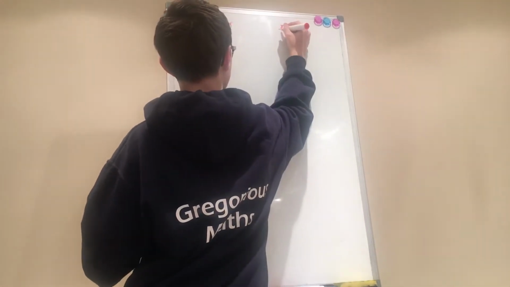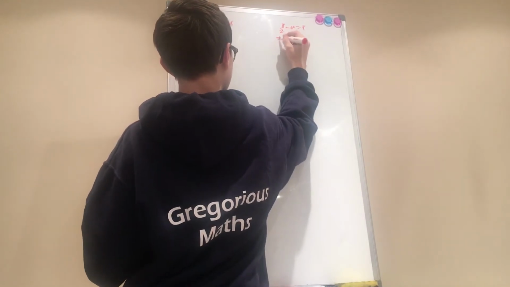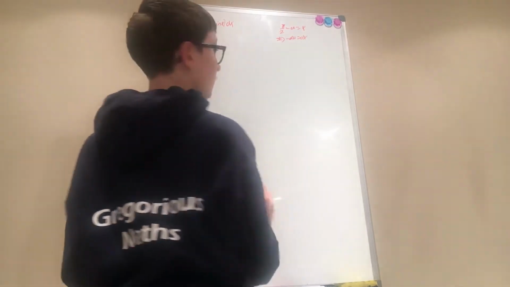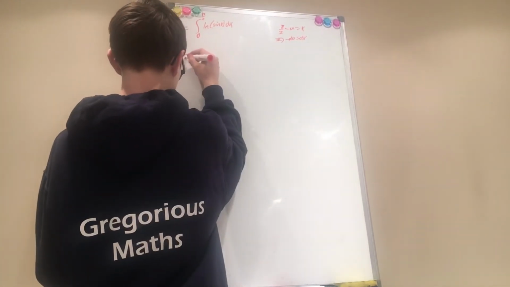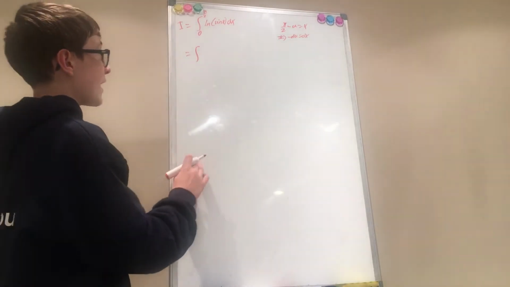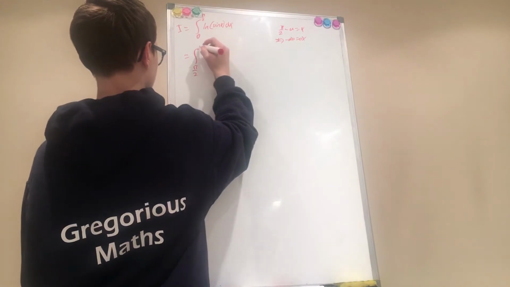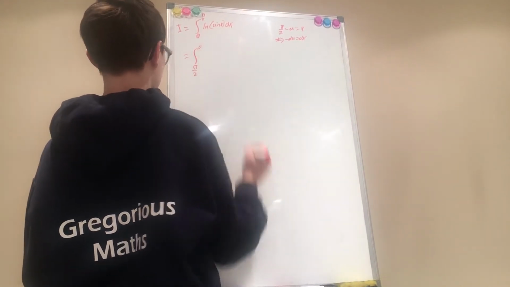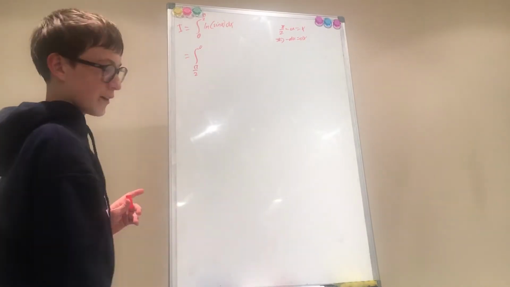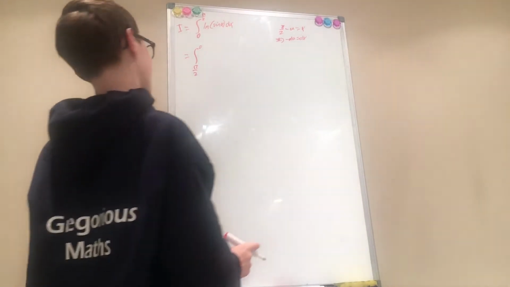Let pi over 2 minus u equal x, therefore implying that minus du equals dx. Okay? So I is also equal to the integral between... What are our new bounds? Well, when x is 0, u has to be pi over 2. And when x is pi over 2, u must be 0. Okay? So these bounds I find very unsatisfying, because, you know, they're the wrong way around.